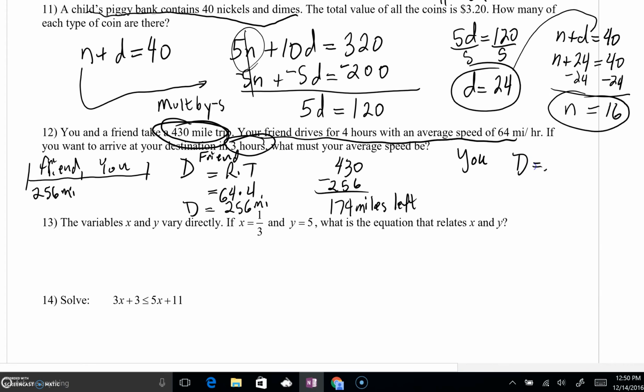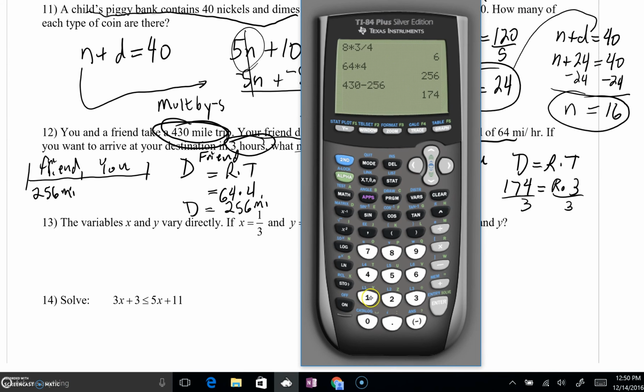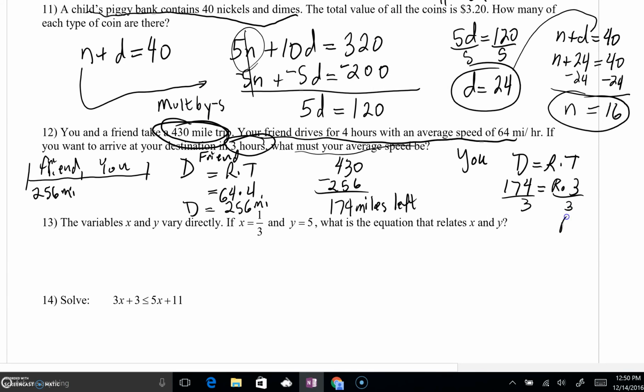So you have distance is equal to rate times time. You know you have to cover 174 miles. You're going to have 3 hours to do that. And you want to determine what your speed would be. So you very simply divide by 3 and take 174, divide by 3, and you'll get 58. So it's 58 miles per hour.